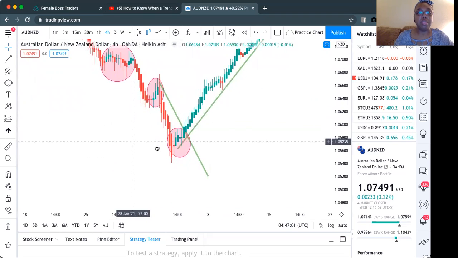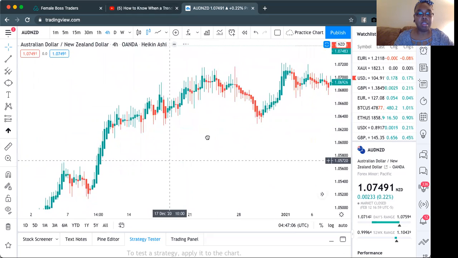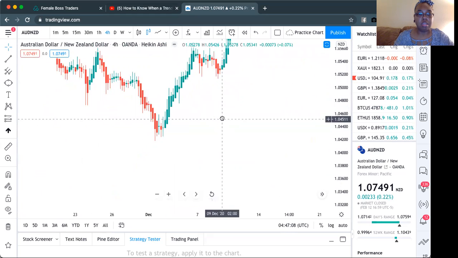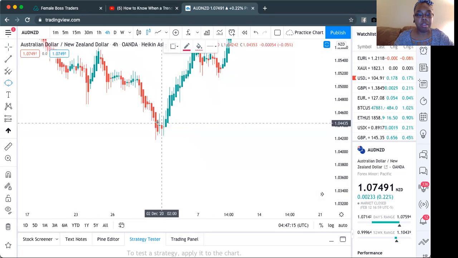But those are signs, guys. Those are signs. So I can go all the way back. This is a nice uptrend here, but you see how the market went sideways right here? Right here, sideways.